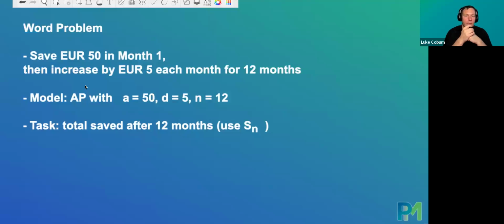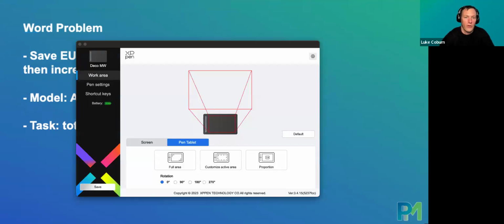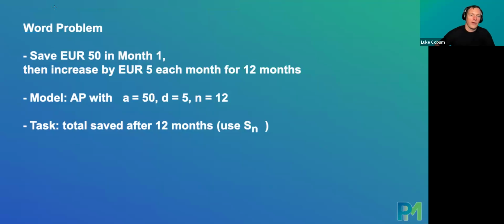And what happens with those types of questions is they take us into the realm of using lots of words, right? So they're saying 50 euro in the first month, and then in the second month we're going to increase this by 5, so it'll be 55, then 60, then 65, and then 70.